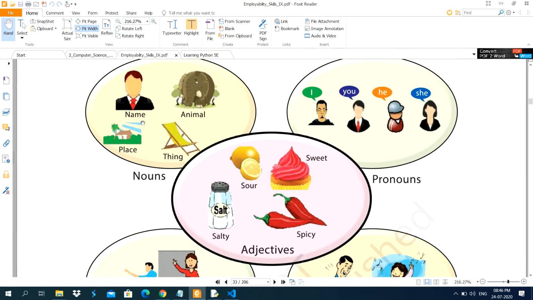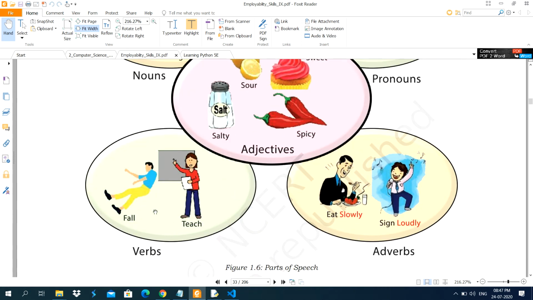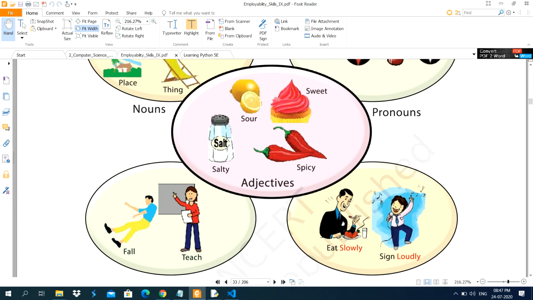This is a noun. A noun is used for the name of a person, animal, place, or thing. A pronoun is used in place of a noun when we would repeat the noun many times: I, you, he, she. In this diagram, there is an adjective here.